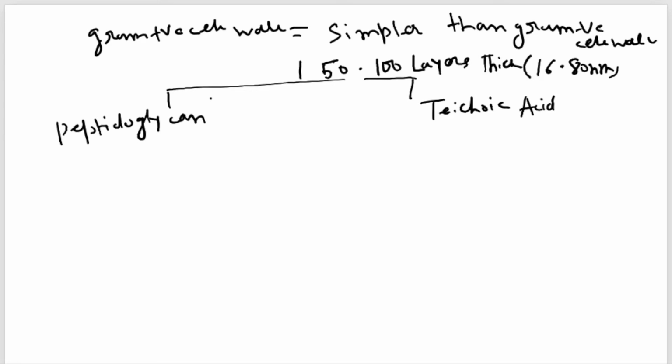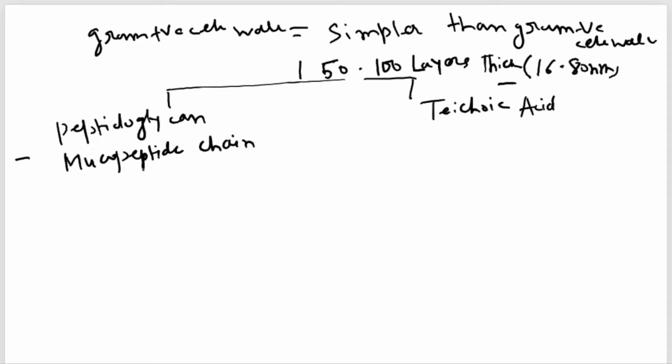So the gram-positive cell wall is much simpler than the gram-negative cell wall. It is around 60 to 80 nanometers thick, and the basic components are peptidoglycan and teichoic acid. Peptidoglycan, what is this peptidoglycan? Peptidoglycan is a mucopeptide chain. I will show you the diagram for a better understanding.